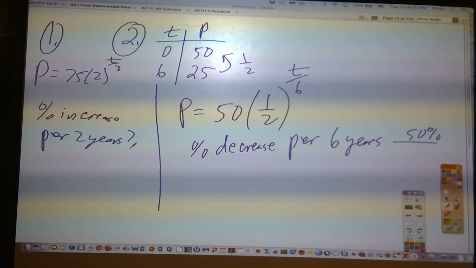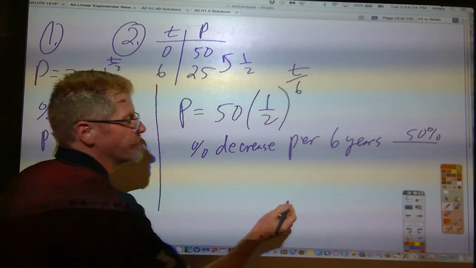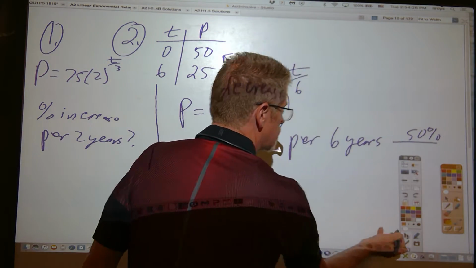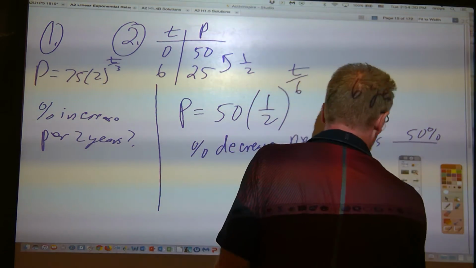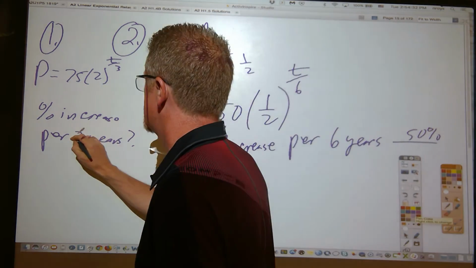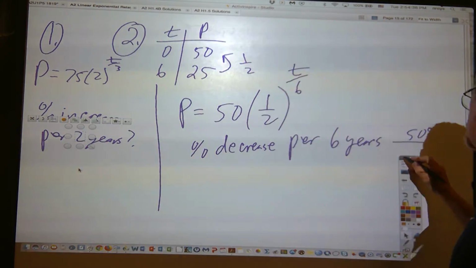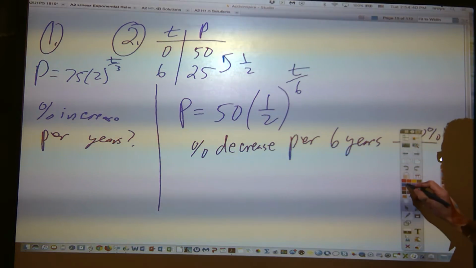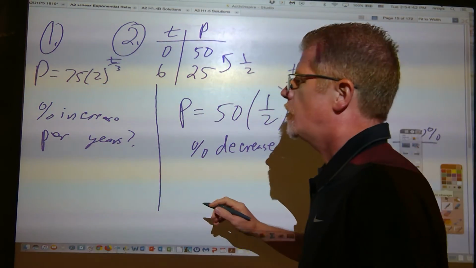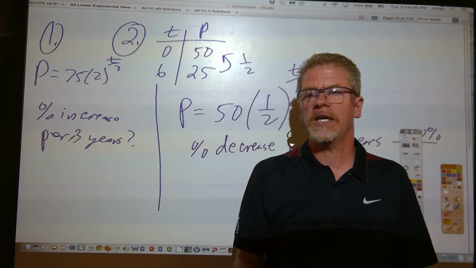Can someone tell me by what percent the population was increasing every 3 years in our opener example? Now, I'll be honest with you, some people look at that and they say 100%, some will say 200%, some will say something else. What do you think it is? What is the percent increase per every 3 years?